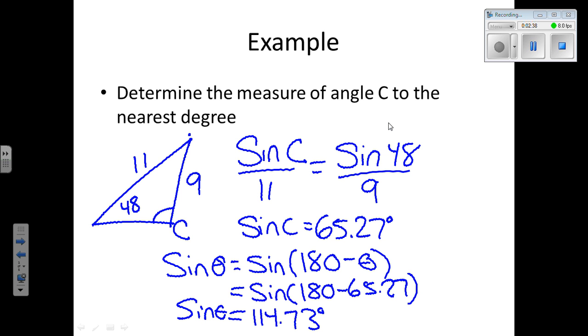So we get 114.73. Because it is an obtuse angle, our 65 didn't fit because that is not greater than 90, and as you can see, 114.73 is greater than 90 degrees.